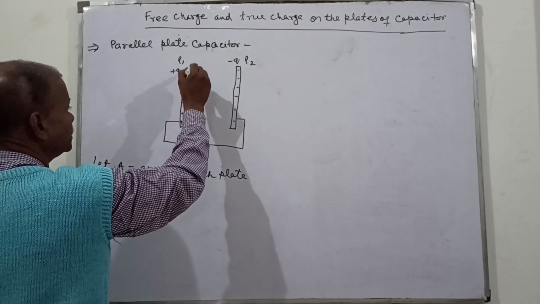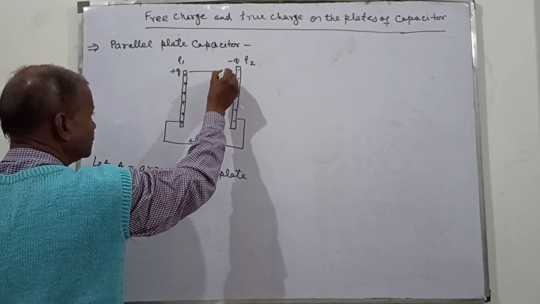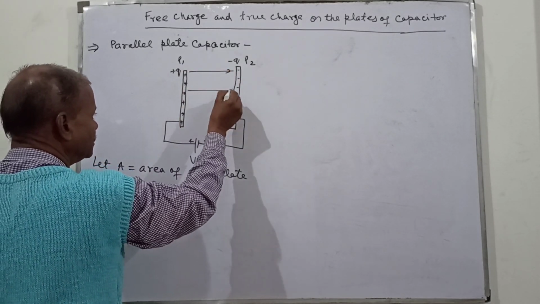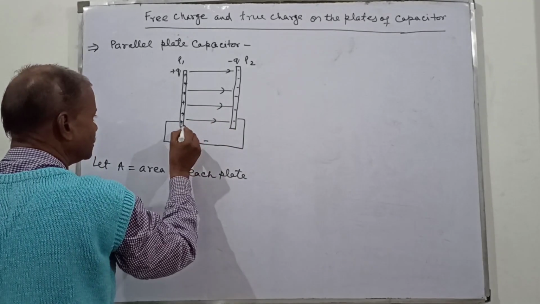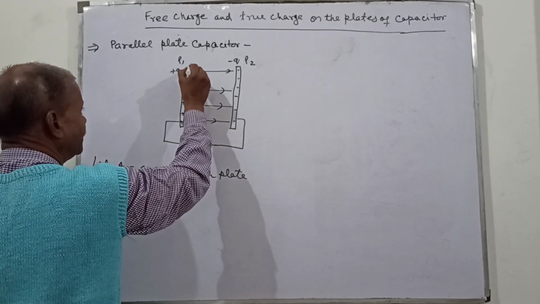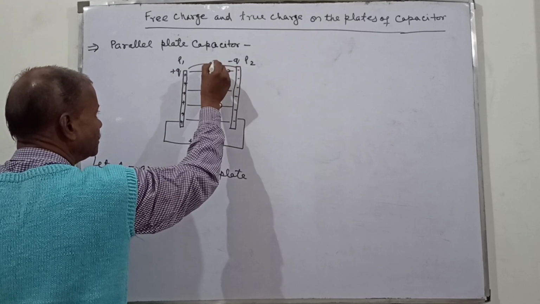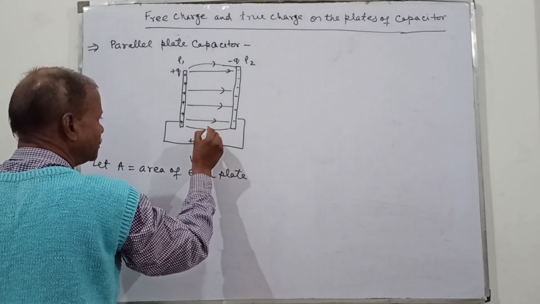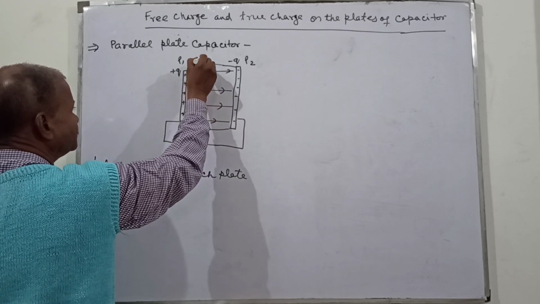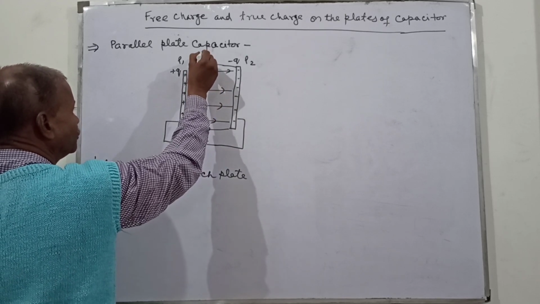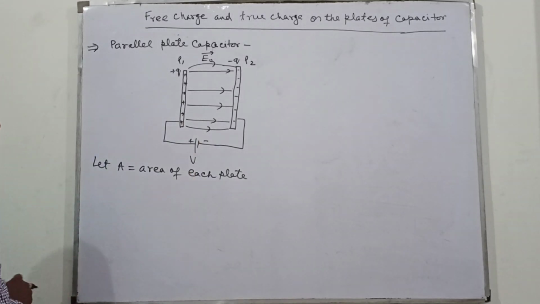Now there is the electric field like this. This is now electric field E, E naught. Electric field E naught.